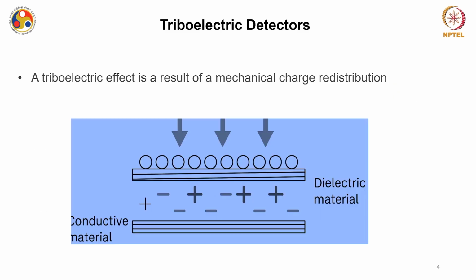Okay, so usually this involves mechanical charge redistribution in the carpet, or you can understand this as between the person walking and the object or the carpet beneath. So this is mechanical charge distribution in the dielectric material.